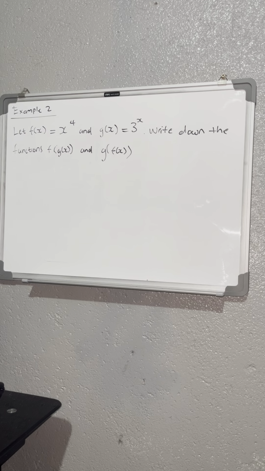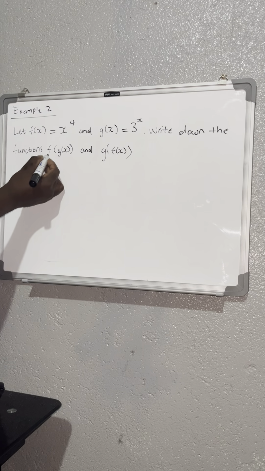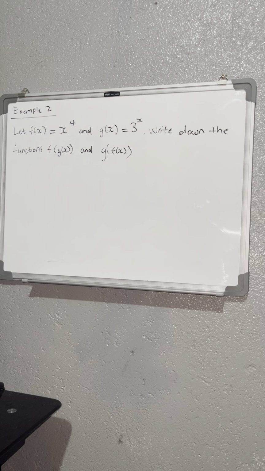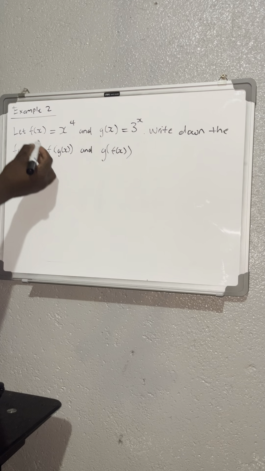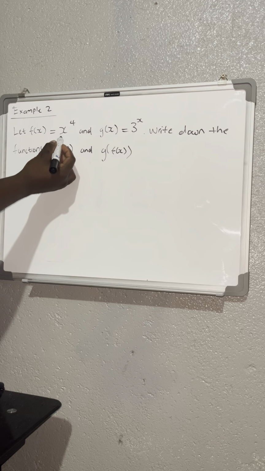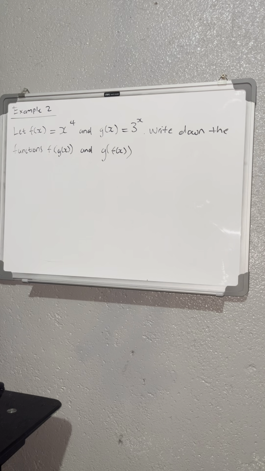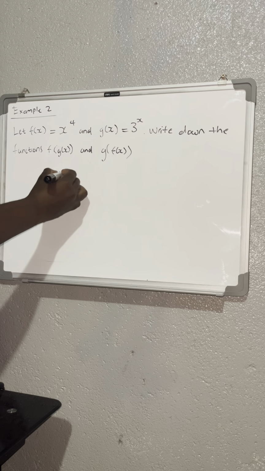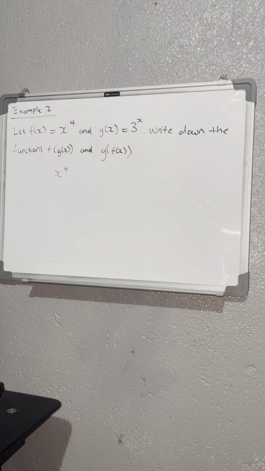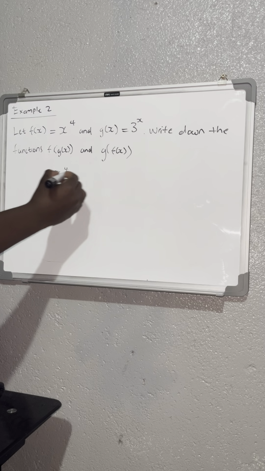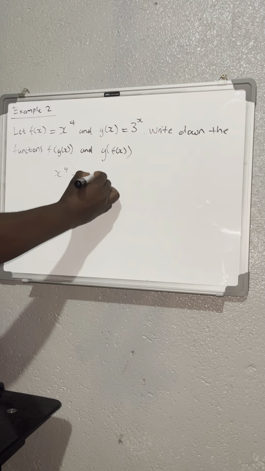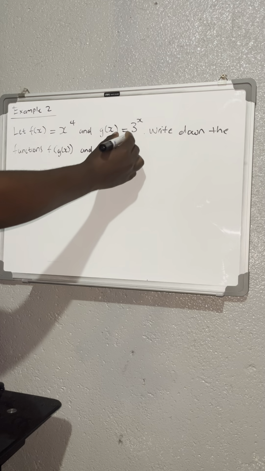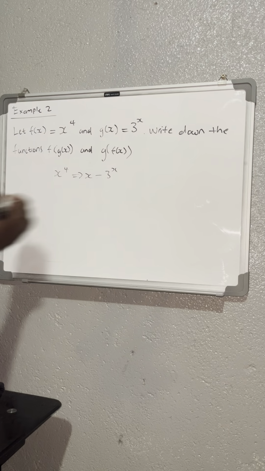What do I mean? In this case, they gave us our f of x as the external function. Within this f of x, where I see x in the function, I'm going to be inputting the g of x. So here I have my x to the exponent 4, but internally I said where I see x, I'm going to put this one, which is 3 to the exponent x.